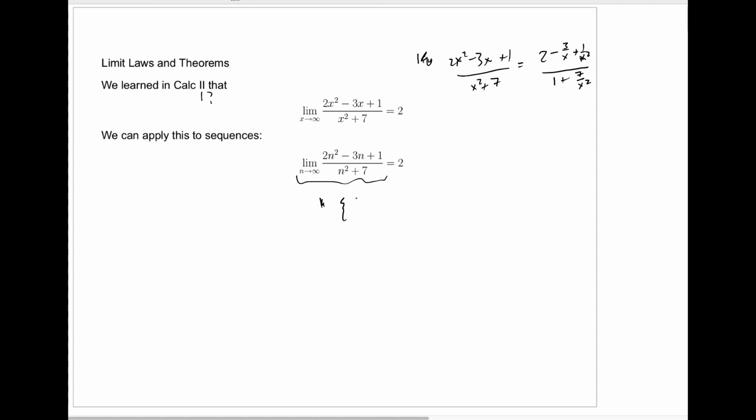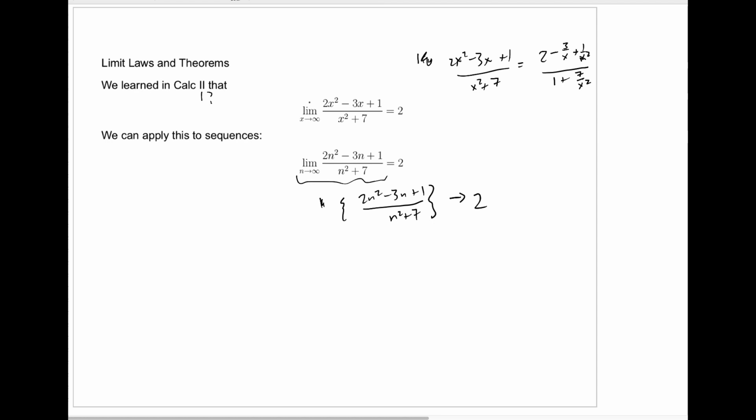In other words, it means the same thing as saying the sequence 2n squared minus 3n plus 1 over n squared plus 7 approaches 2. Whereas when we talk about a variable like x or y or z, we're normally talking about a real quantity and just saying as the real number x gets big, what can we say about the values of this function of x?